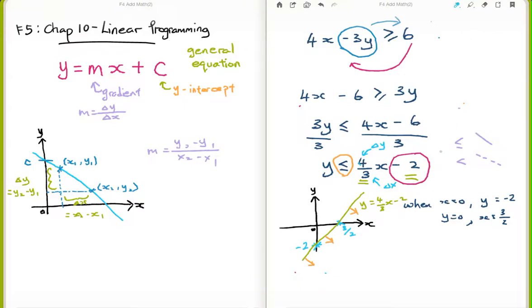I'll separate them for you to see. So what else? If you have a positive gradient, it goes from left to right, down to up. If you have a negative gradient, a negative number, the line goes down, from left, up to down.